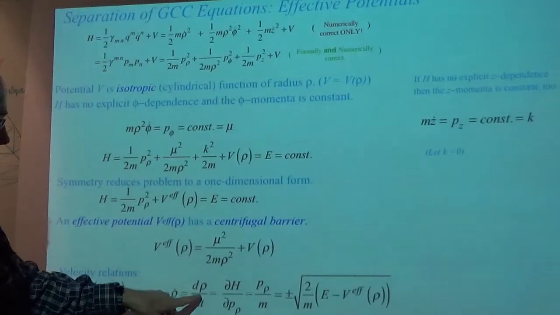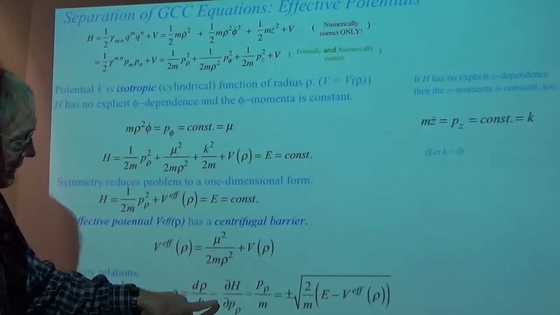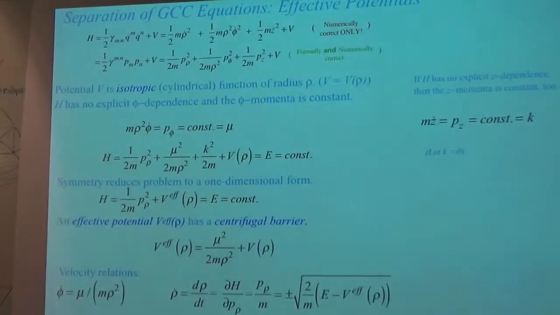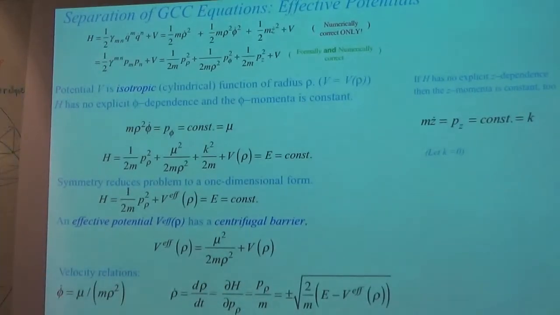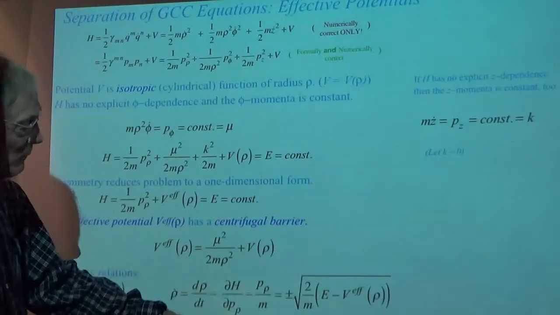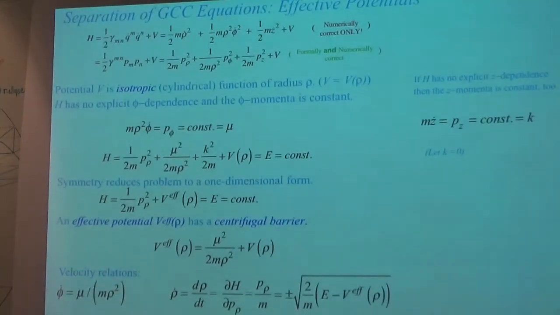Now the radial derivative, that is rho dot, the Hamilton equation, that's partial h with respect to the momenta, and in this case it's very simple. It's just the rho momentum, the covariant momentum, divided by the mass. That's the radial velocity.